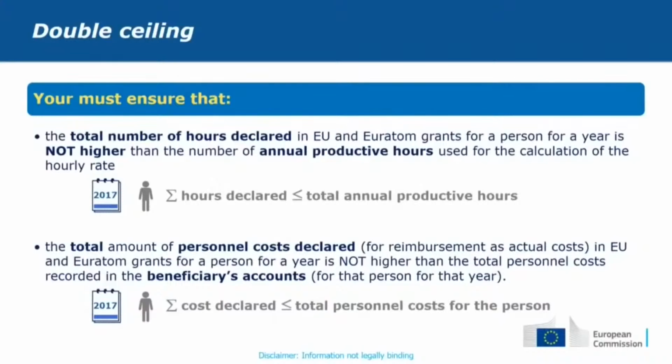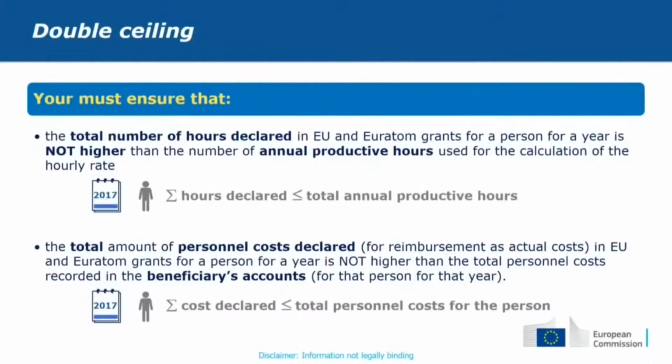The first side of the ceiling is that you can never declare in a year, in total, in all EU grants together, more hours than the number of hours that you have used to calculate the hourly rate, so the number of the annual productive hours. So if I took option 1, 1720, and I calculated my hourly rate based on these 1720 hours, I can never declare in EU grants in a year, in total, for that person, more than 1720.